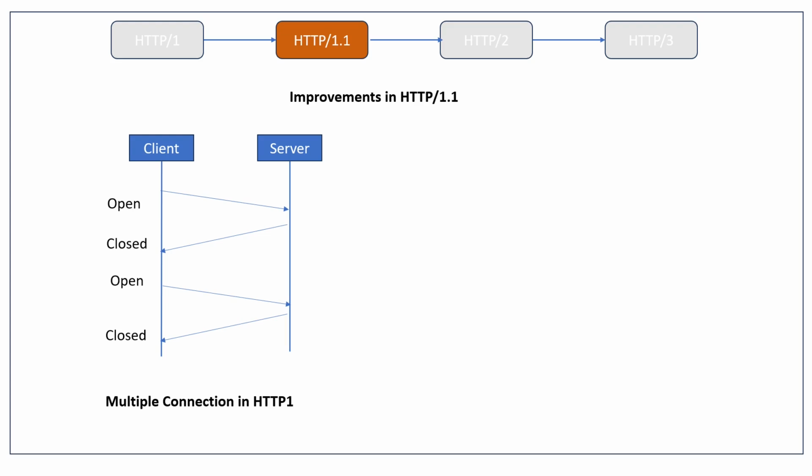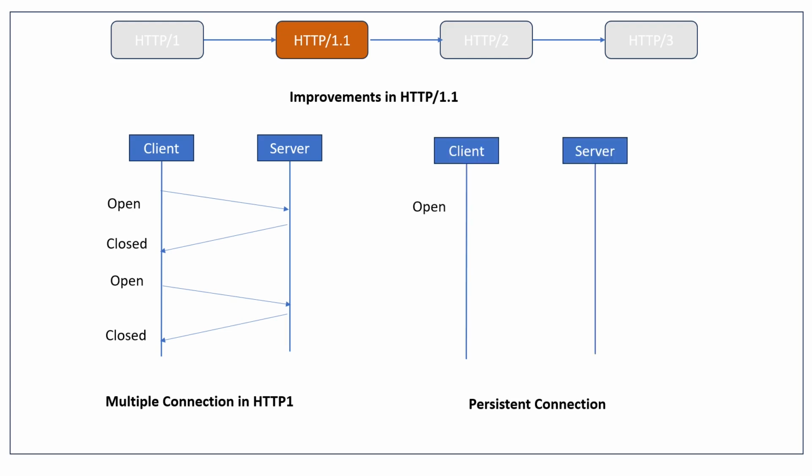But in the 1.1 version, what is the improvement we made? We use the persistent connection. It means that you open the connection once, then whatever resources you want to fetch from the server, you can keep fetching from the server. No need to close multiple times, just open once. So remember, those three steps we perform are just done once.